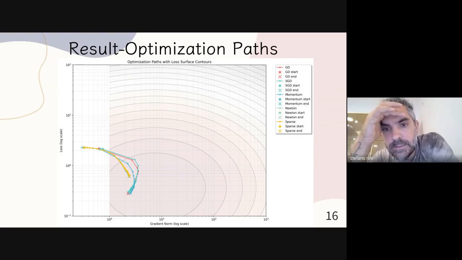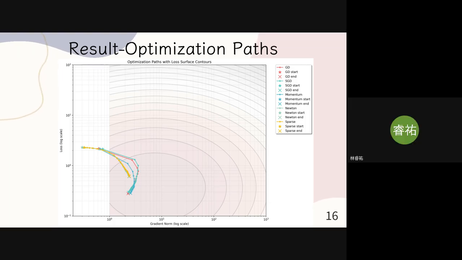So why don't they start all at the same point, guys? Why don't they start at the same point? Because you fix the initialization, right? I think the person who went to the hospital can answer this problem.